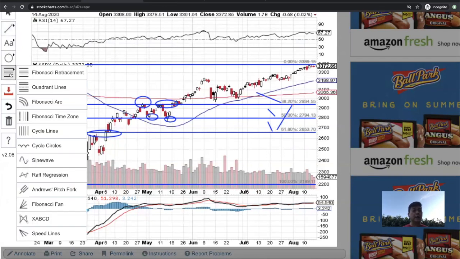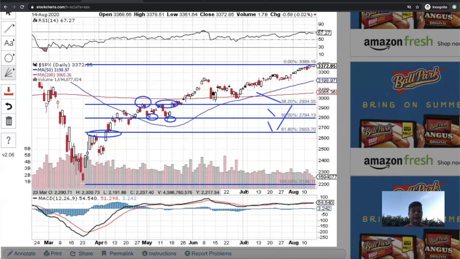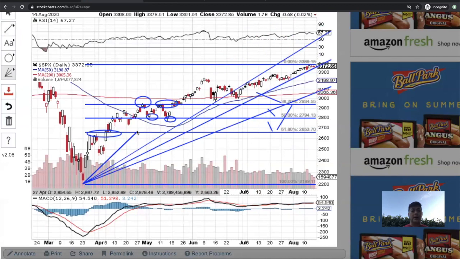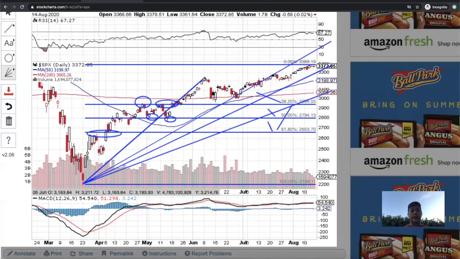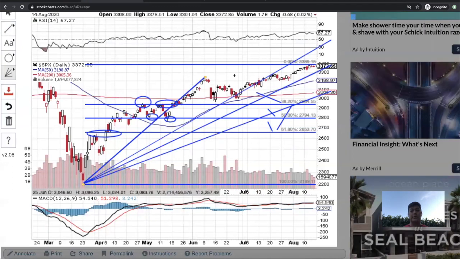The other thing that I also use is called Fibonacci fan. You also find this very helpful. I like to use this with the last bottom and high. As you can see right there, you can tell it's been trying to do that, and then we just have to see where the next resistance level is from there.